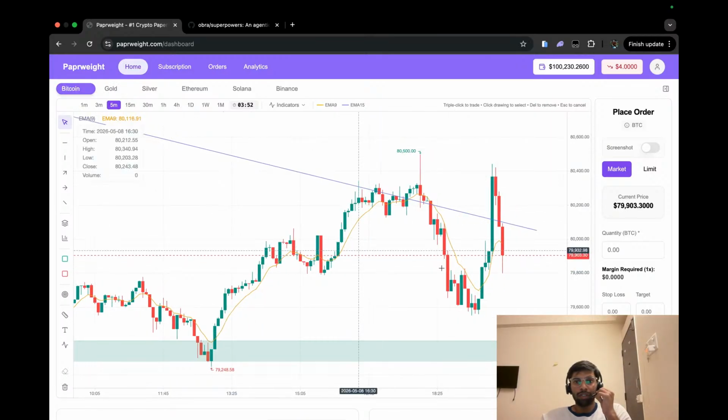Bitcoin also, after this good breakout, is falling like anything.